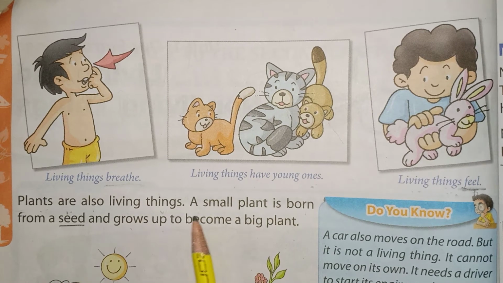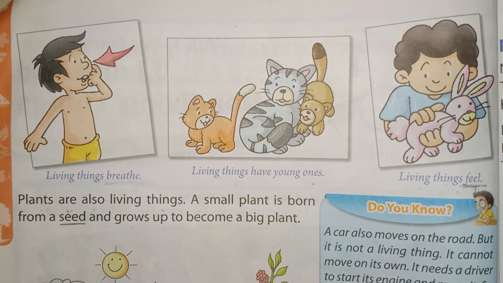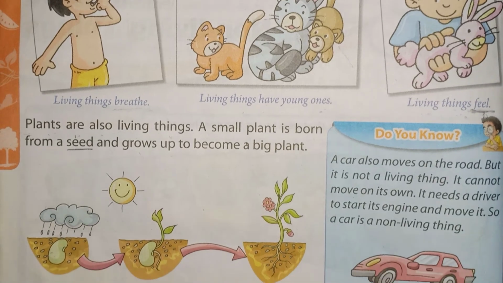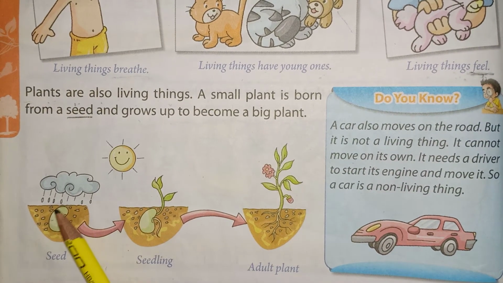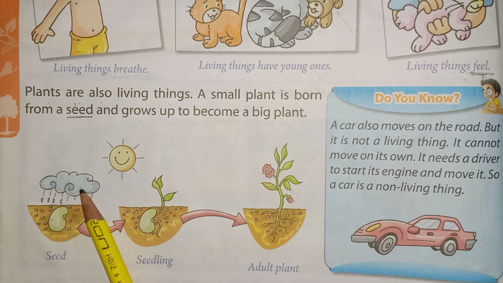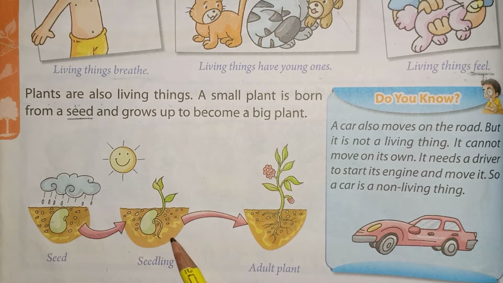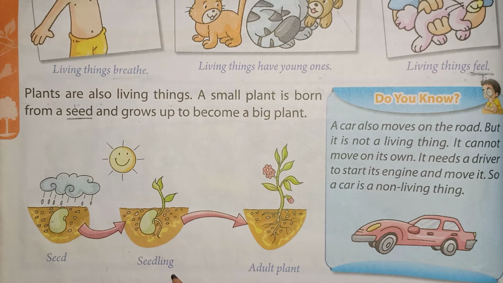Now a small plant is born from the seed. See here, there is one picture shown. This is a small seed inside the Mother Earth, that is in the soil. When it gets water, it starts growing, it becomes a seedling.